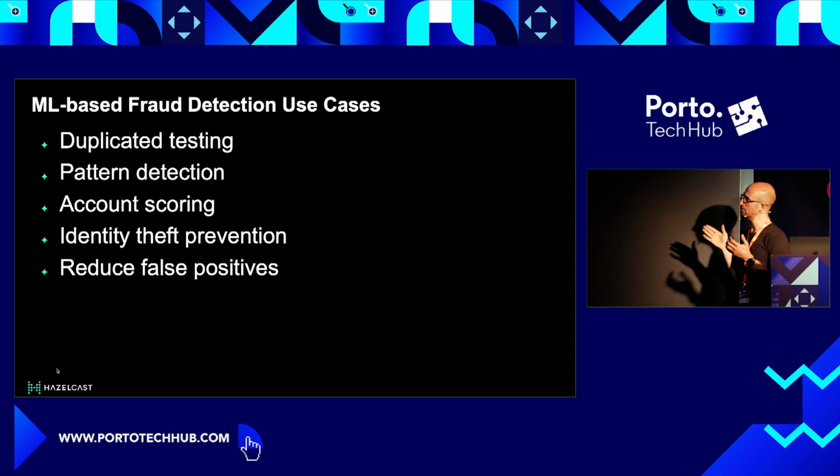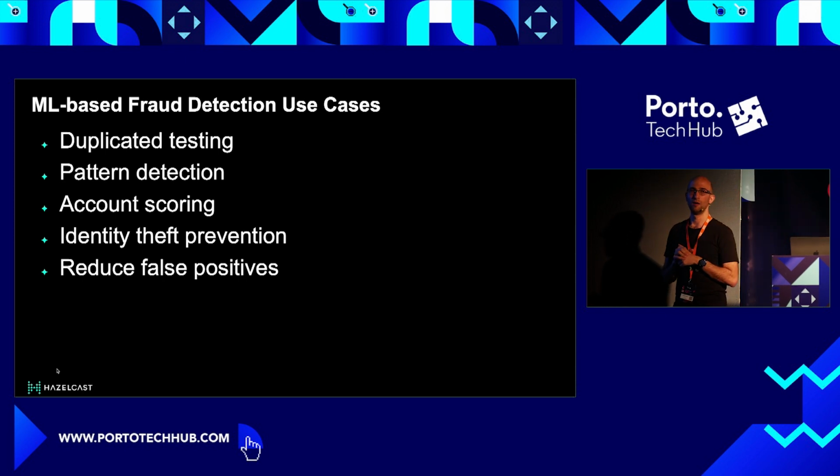So these are a couple of examples just to get you in the mode for real-time fraud detection. Duplicate testing for machine learning is essentially, say for example, you have a specific payment. Maybe your internet provider, you pay once a month, or maybe your Netflix subscription, you pay once a month.